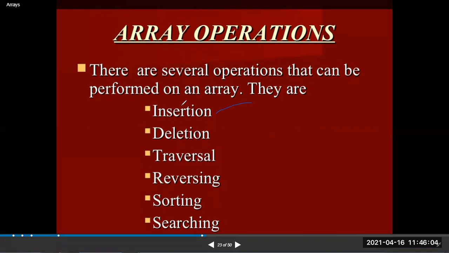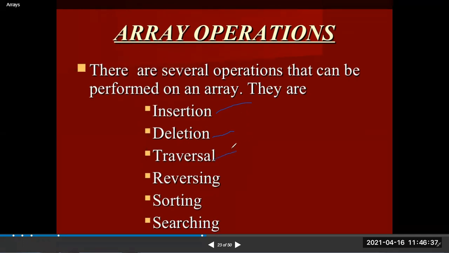But if you want to insert the element in a sorted array, we have to first compare each element in the array and check in which position that element is to be stored. For deletion, you give the position of the element, then it will be deleted directly, and after deletion we shift to the left side. After insertion we shift to the right side.